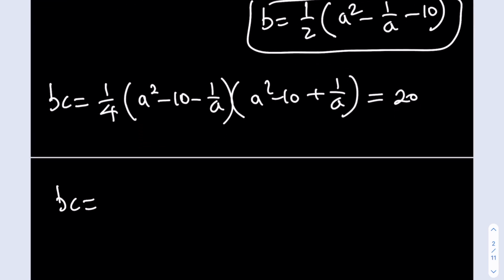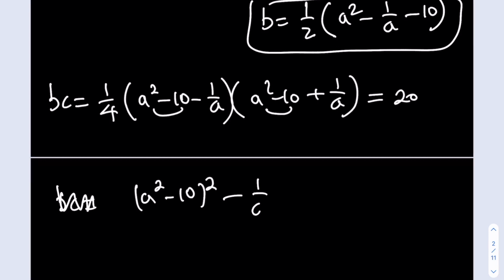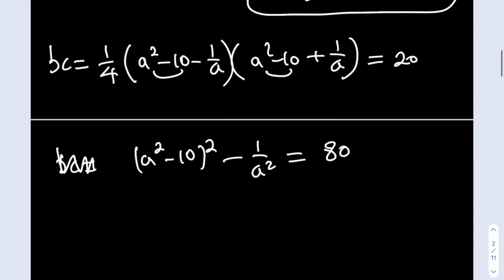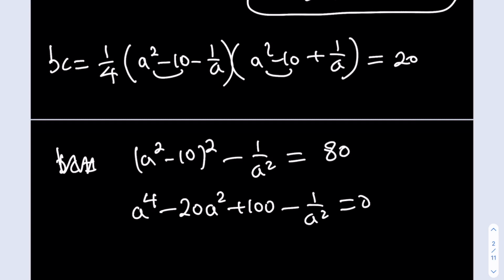We can do the following: multiply both sides by 4 and use the difference of two squares. That's going to give me (A squared minus 10) squared minus 1 over A squared is equal to 4 times 20, which is equal to 80. At this point, we just have to expand this and simplify the equation. A to the 4th minus 20A squared plus 100 minus 1 over A squared is equal to 80.